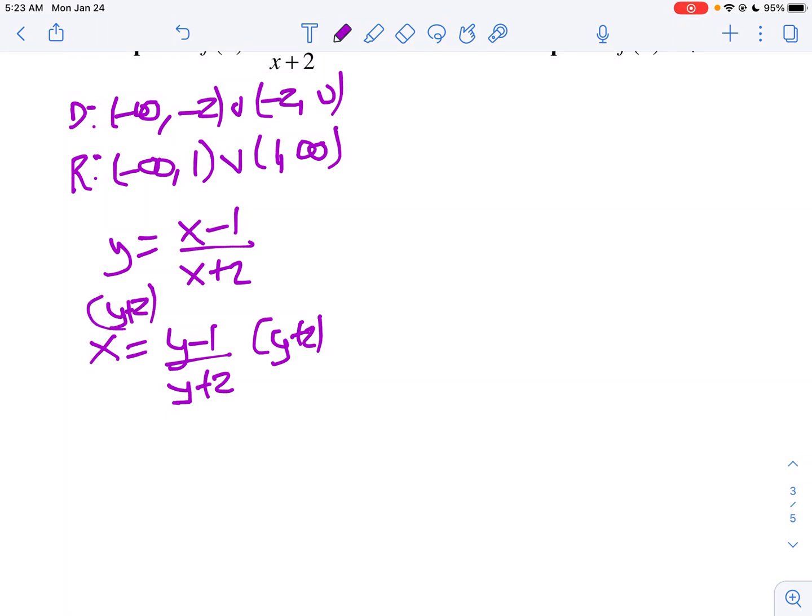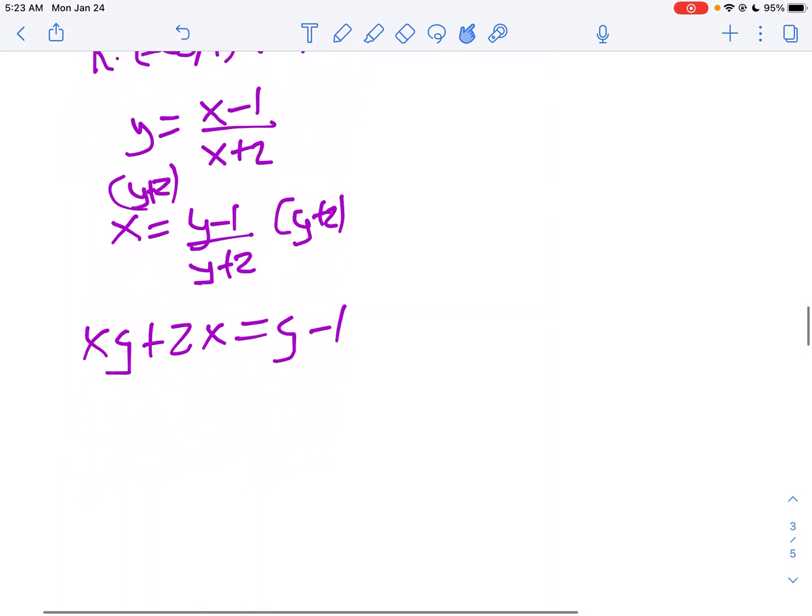Then I'll get xy plus 2x equals y minus 1. Now let's get all the y's on the same side and everything else on the opposite side. So I think I'm going to subtract 2x from both sides.